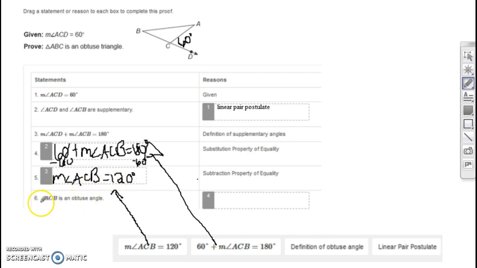And then finally, we can say angle ACB is an obtuse angle. And that is because the definition of an obtuse angle has to be greater than 90, and this angle is 120 degrees.